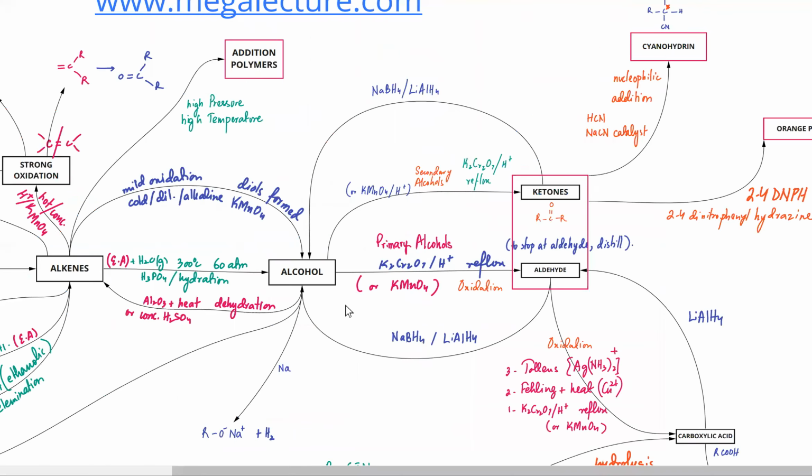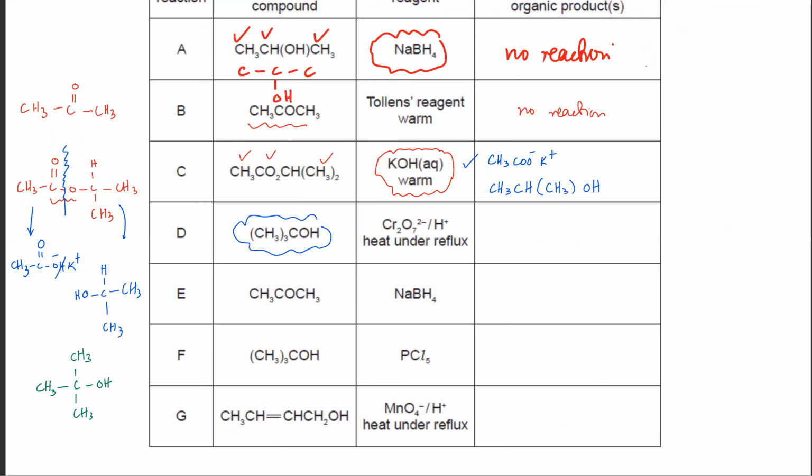Remember, tertiary alcohols don't get oxidized. Primary alcohols do get oxidized, they turn into aldehydes. Secondary alcohols do get oxidized, they turn into ketones. So when you react with K2Cr2O7, primary and secondary alcohols are going to get oxidized, but not tertiary alcohol. So over here, there's no oxidation, no reaction in this case.